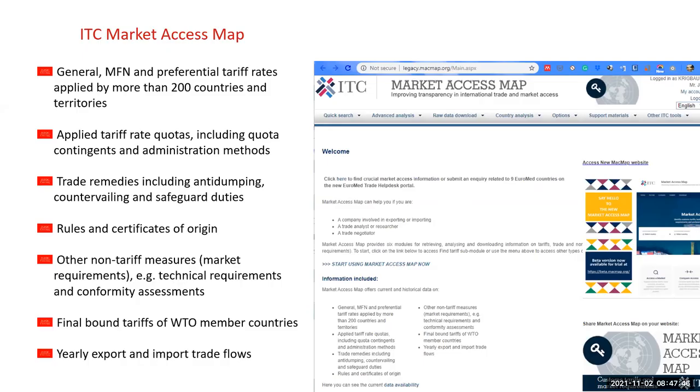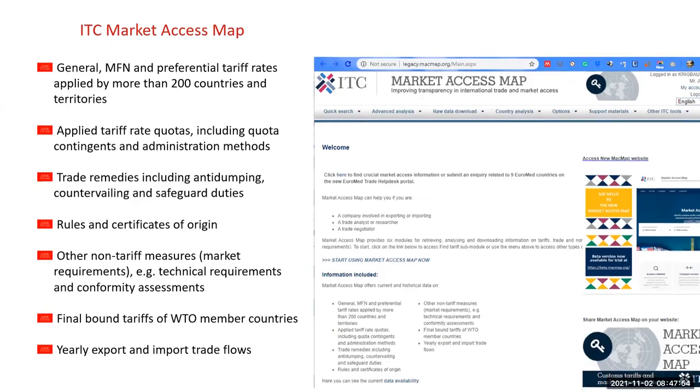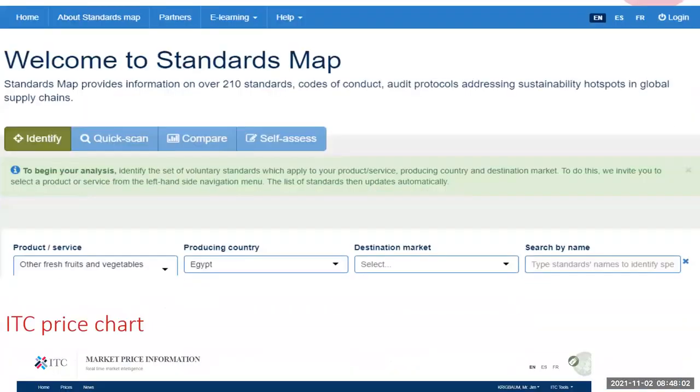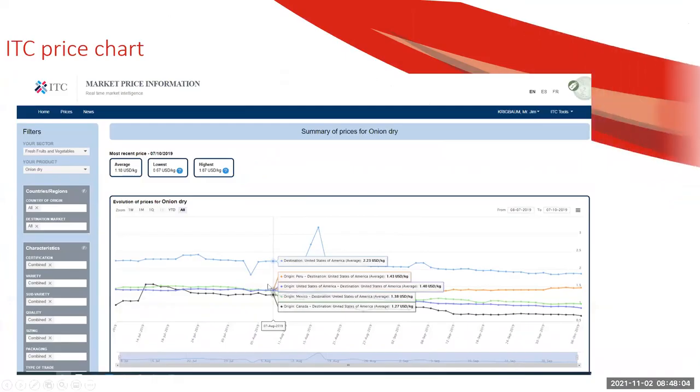The governments just turn a blind eye to that, but it does happen. So these are examples of some of the data that you can get on ITC.